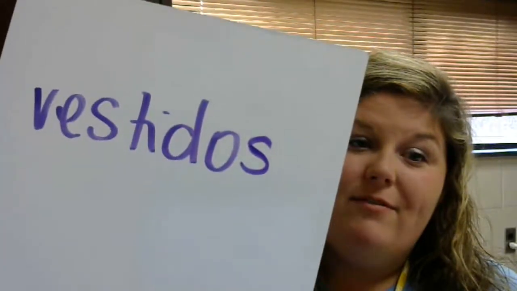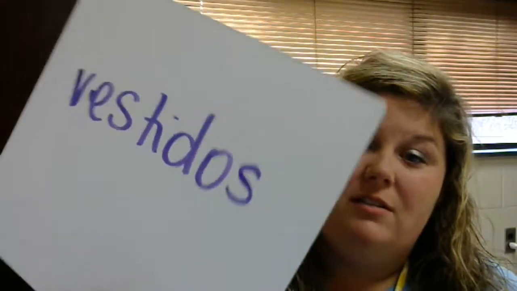All right, so let's look at an example of this. Let's look at vestido, which ends in the vowel O. And so we said if a word ends in a vowel, we just add an S to the end to make it plural. So we have vestidos. So now we have dresses. We have more than one dress, vestidos. Remember, we talked about the adjectives. They have to be whatever it is that the noun is.